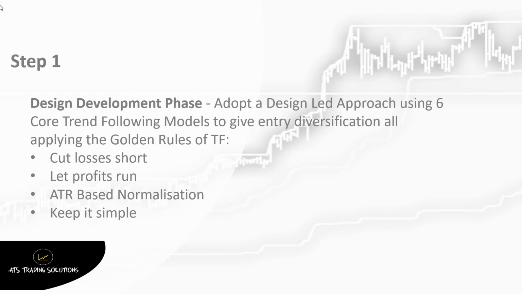We've added in an ATR based normalisation process, which means we can compare markets against each other by using an ATR, and the real underlying goal here is to keep it simple. Yeah, so to keep the number of variables we use low. That means that our models aren't encouraged to become over curve fit in relation to past data.